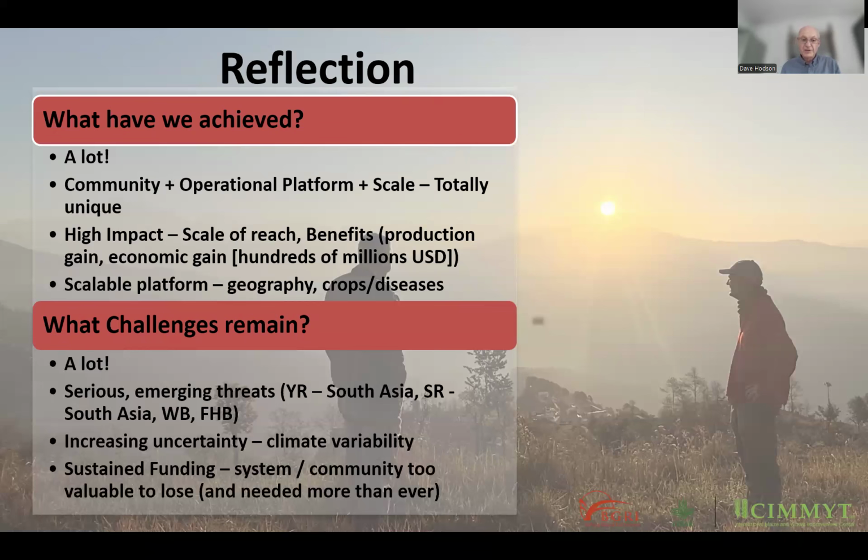I think the system, the community, it's too valuable to lose, and we need it more than ever. But it's increasingly challenging to get support to keep these systems operational. So, at the moment we're in a situation, there's some funding for this current year, but beyond the end of this year, then there's nothing guaranteed, which is a very worrying situation.